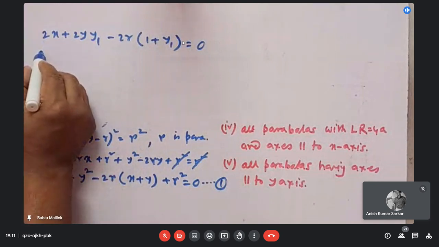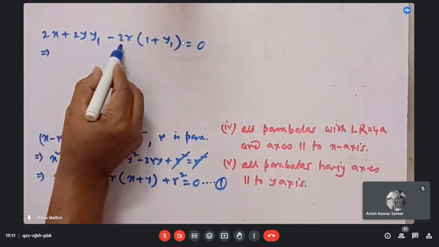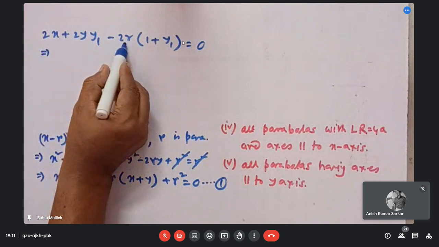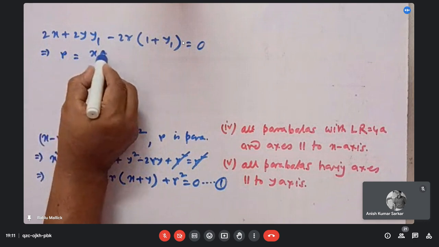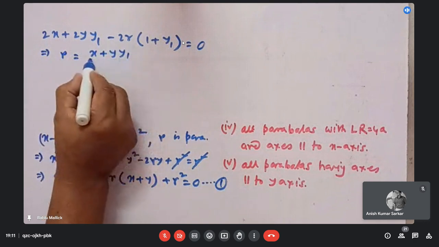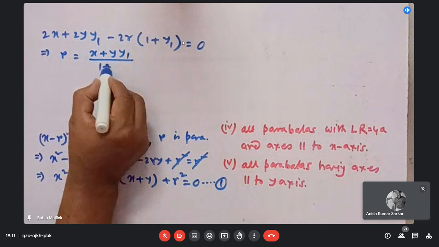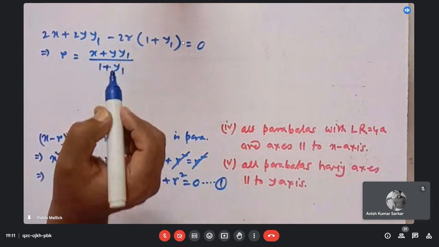So from here we can easily calculate the value of r. So we can calculate r is equal to x plus y y1 divided by 1 plus y1.